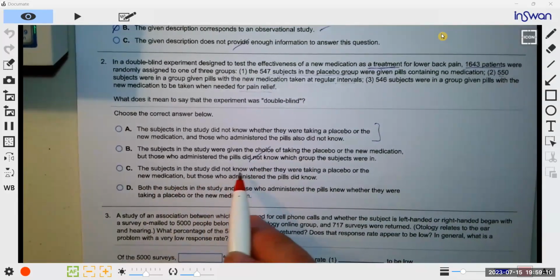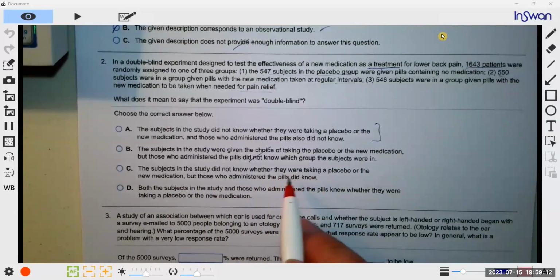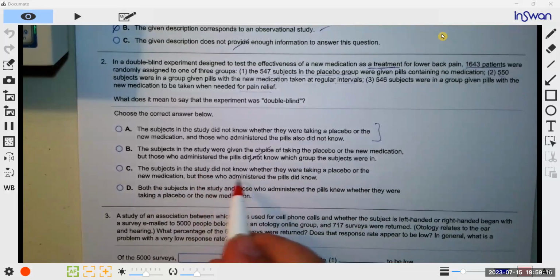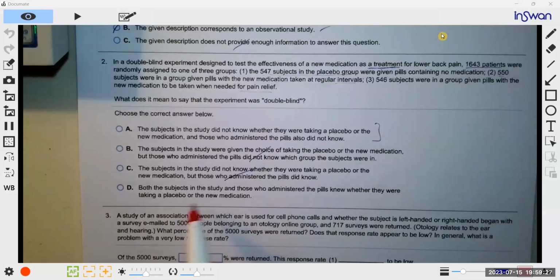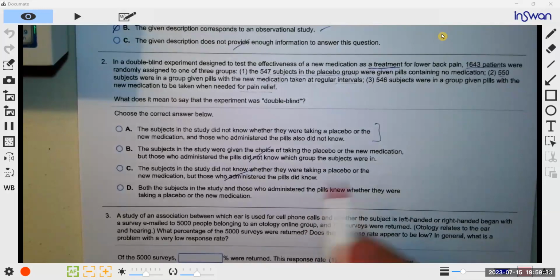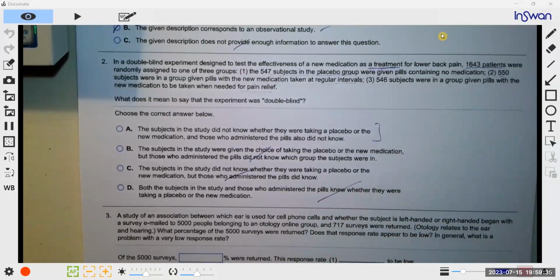The subjects in the study do not know whether they were taking a placebo or a new medication, but the people who administer it don't know either. That's why it's called a double blind. They're both blind: the people who give the medication and the people who take the medication. Both subjects in the study and those who administer the pills did not know. So it's A.